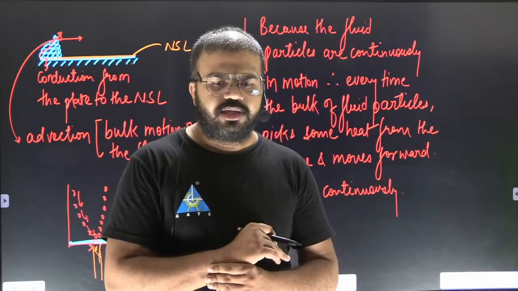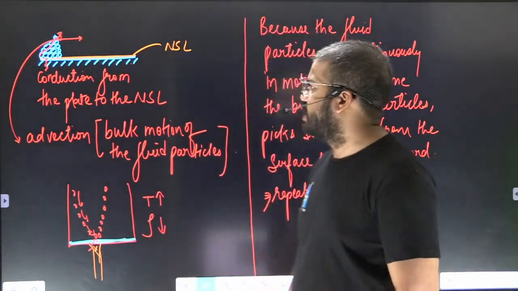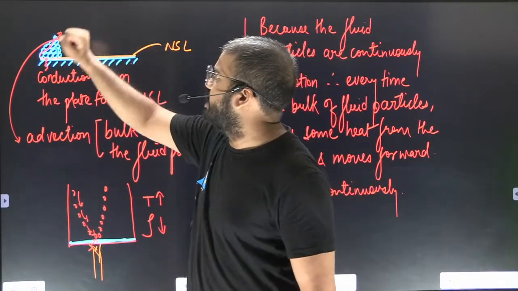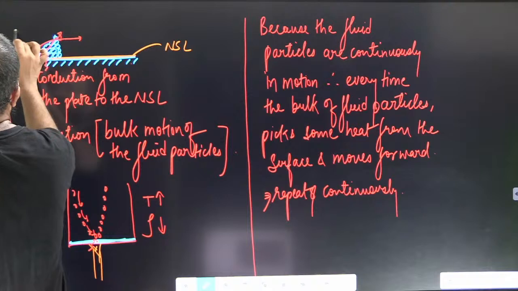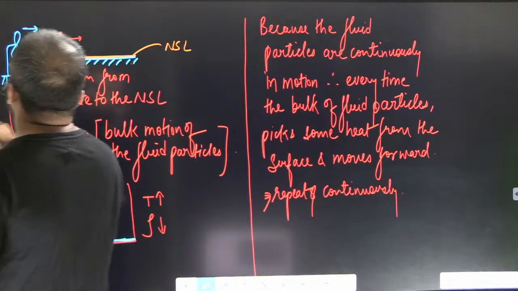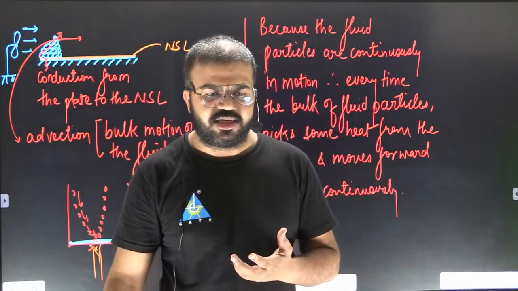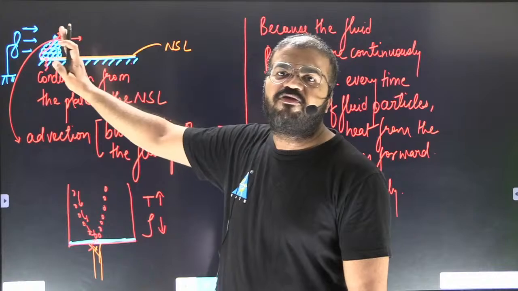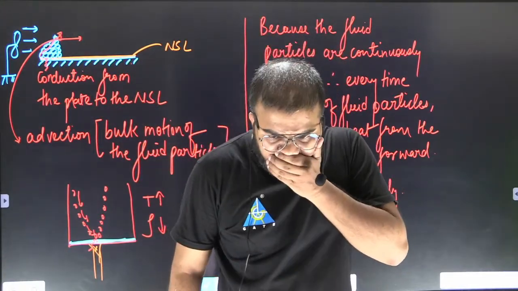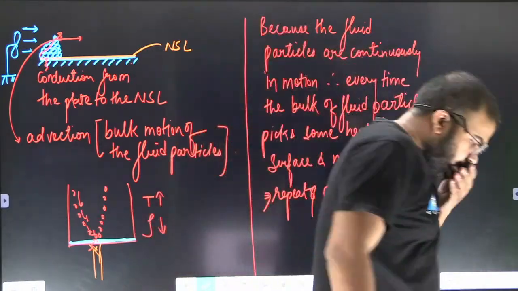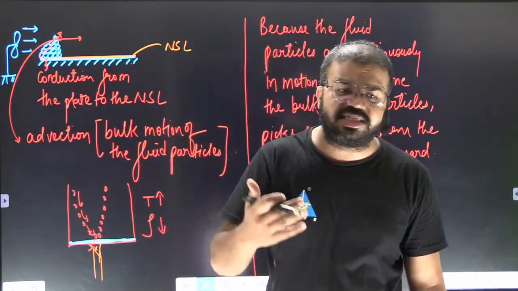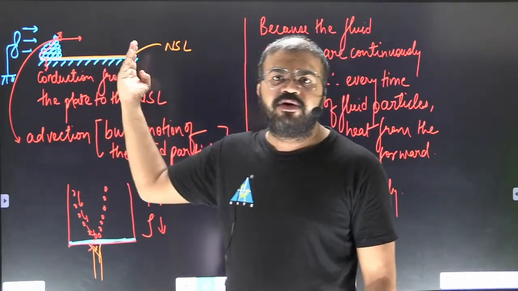Conduction plus advection. Now, if you remove anything, there is no transfer. Let's say over here you have a fan which is blowing the air. This fan is an external agency which is facilitating the motion of fluid particles.